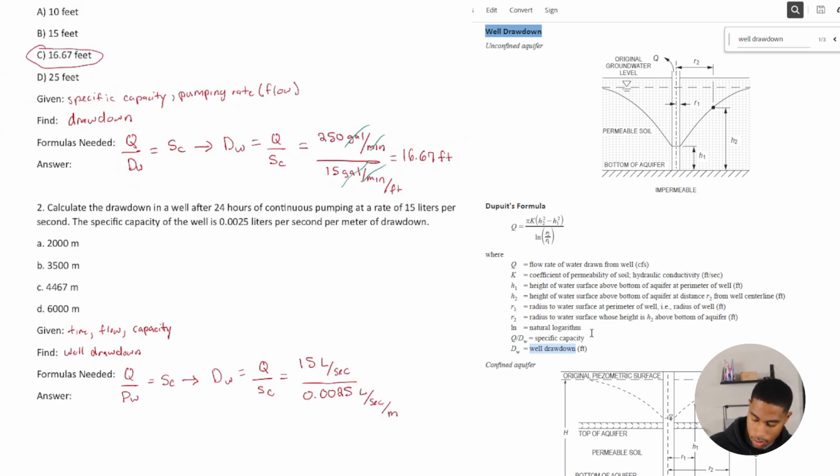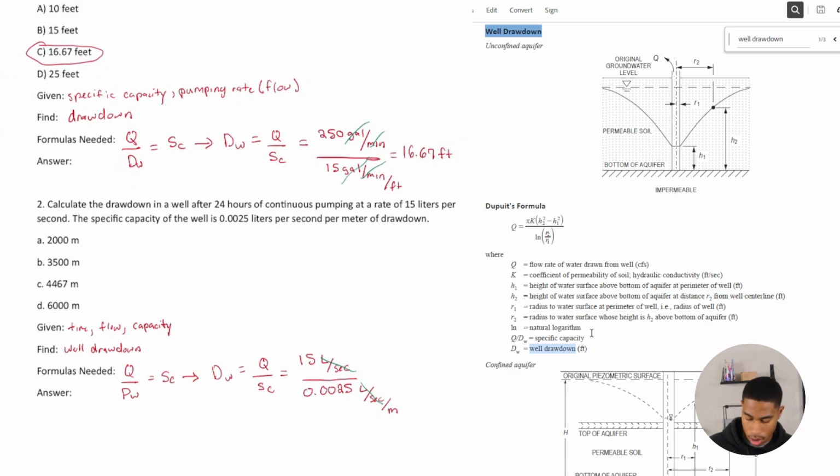Okay, so those units are going to cancel, and you're left with meters, right? So I get this is equal to 6,000 meters. Okay. That's the drawdown in a well. All right.